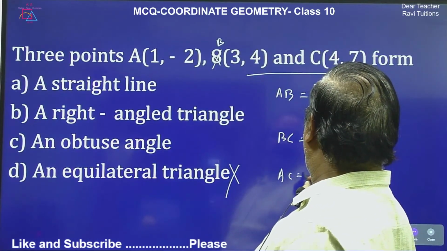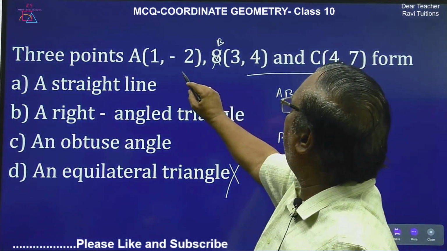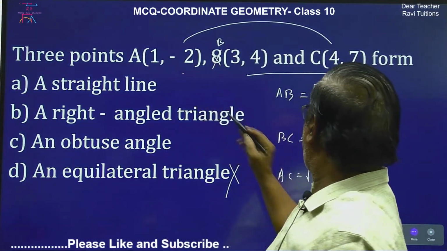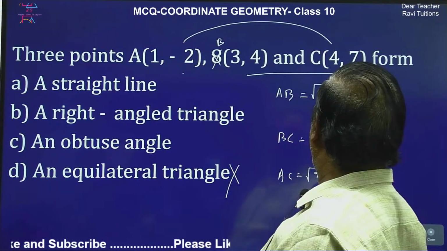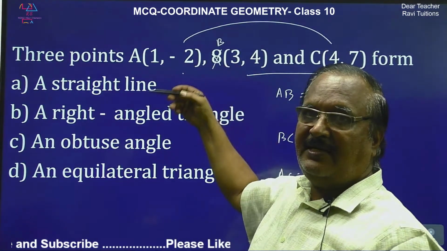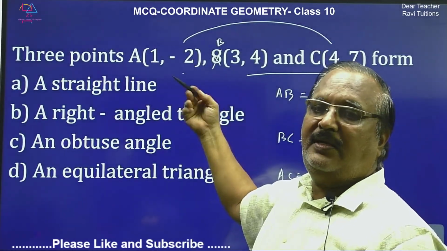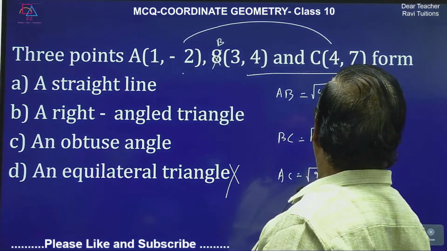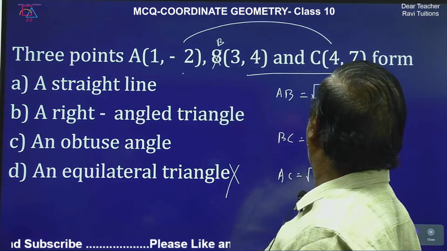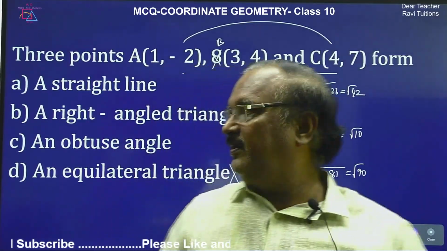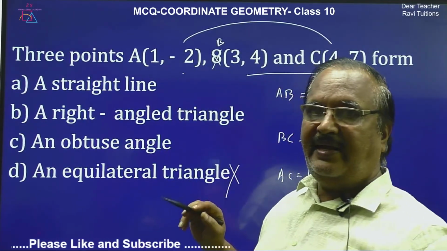Now, AC, that means this last one and C. So, 4 minus 1, 3, 3 square is 9 plus 7 minus minus 2, 7 plus 2, 9, 9 square is 81 is equal to square root of 90. All the 3 sides are not equal. Okay. So, equilateral triangle is not there.